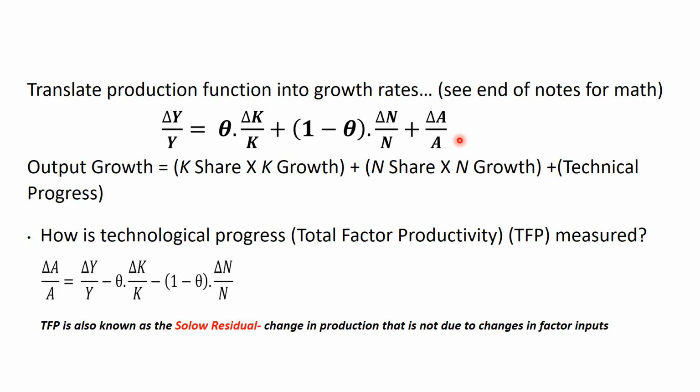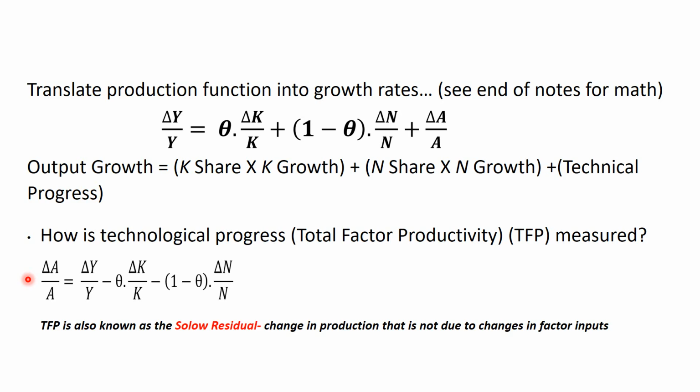And we are able to then use this to understand a little bit more about how the different components, capital stock, labor, and technology, contribute to output growth. An important thing to note is that technological progress, also sometimes known as total factor productivity, can also be gauged from this equation, specifically if you make the technological change or total factor productivity component the subject of the equation. So that's what's being done here. In this line, we have the technological progress, which is then made the subject of the equation.